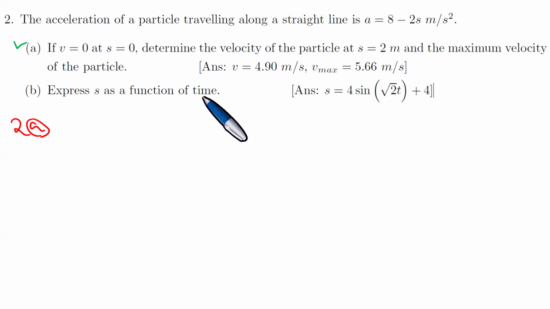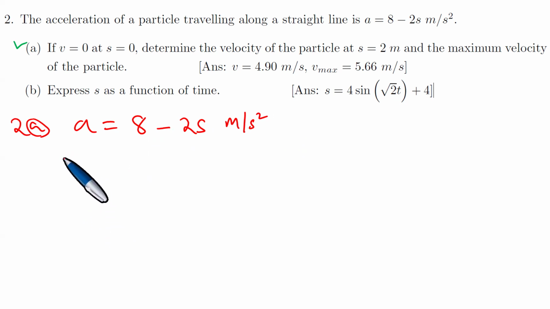Okay, we have a chance to solve this question, but the question is, what exactly do we do here? Because we have been given in 2a that the acceleration is 8 minus twice s, which is 8 minus twice s meters per second squared, which means a is dv dt.